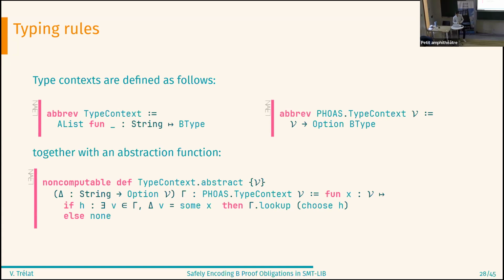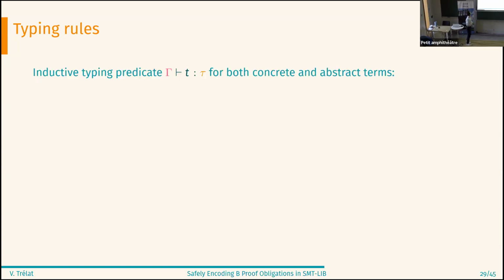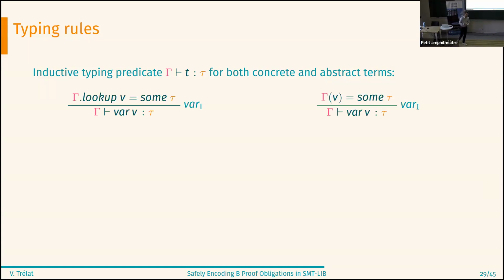I have also an abstraction function, but whatever. And now I can define what typing means. It's an inductive predicate that is built up in terms by induction for both concrete and abstract terms. So I have two sets of rules. Of course, those rules are different for the rules involving variables because they rely on the data structure.